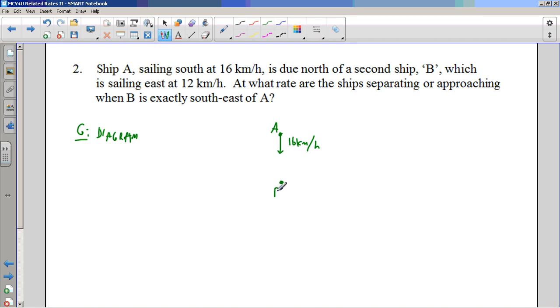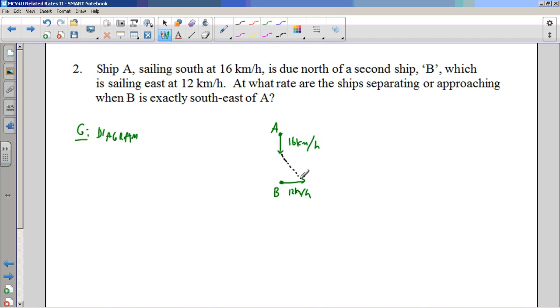So there's the second ship, B. It looks like A is sailing straight towards B, but B's taken off. It's going east at 12 kilometers per hour. Okay, and we want to know at what rate are the ships separating or approaching? Well, let's see.